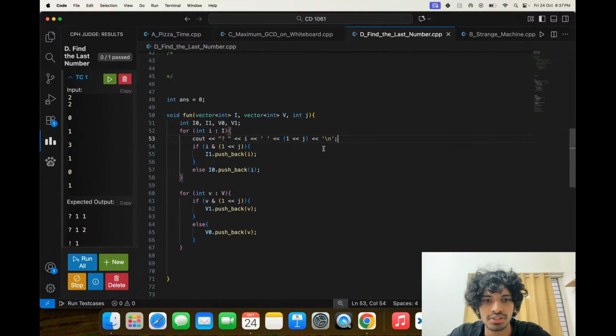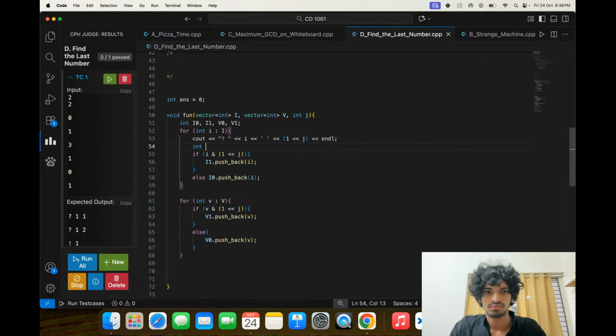If that bit is active, so now I am splitting them.